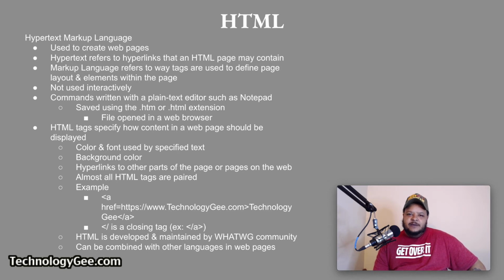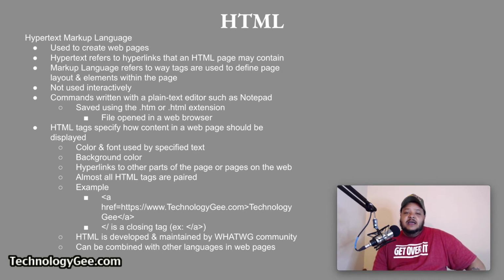Almost all HTML tags are paired. For example, we have this HTML code right here, which has the less than symbol, a href equals https://www.technologyg.com, the greater than symbol, technology G, and then the less than symbol, /a, greater than symbol.